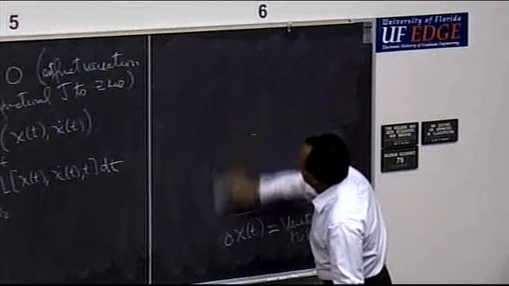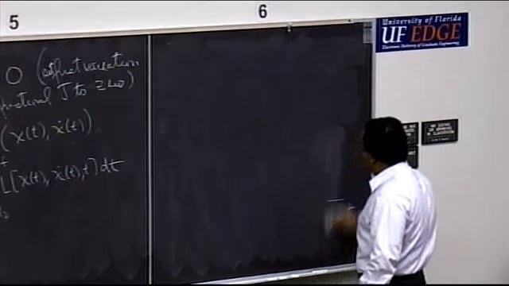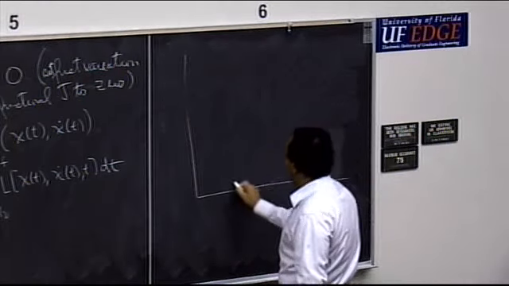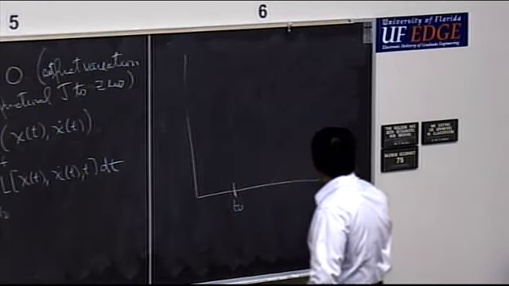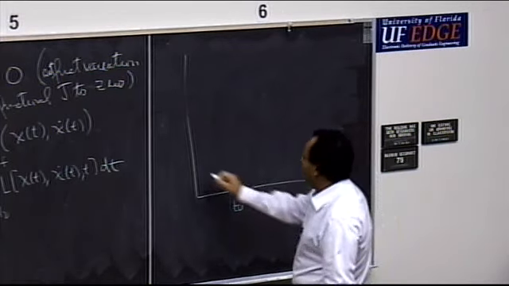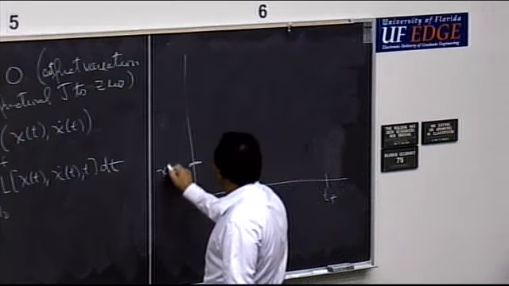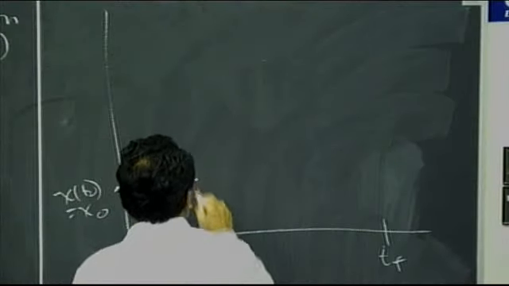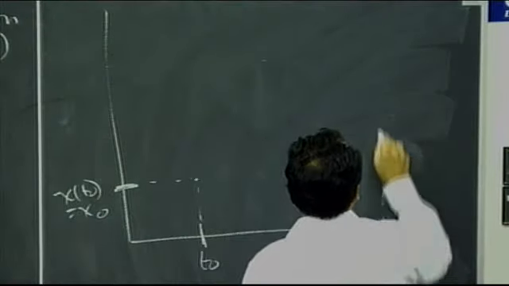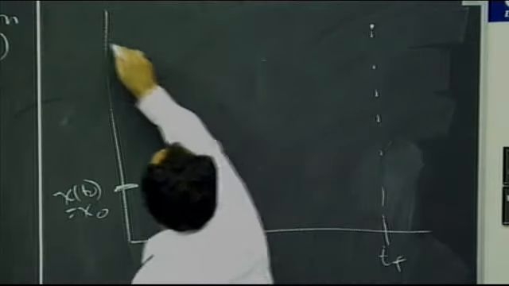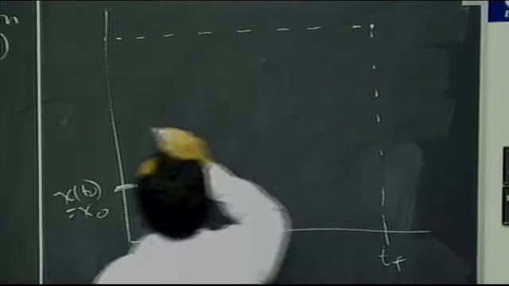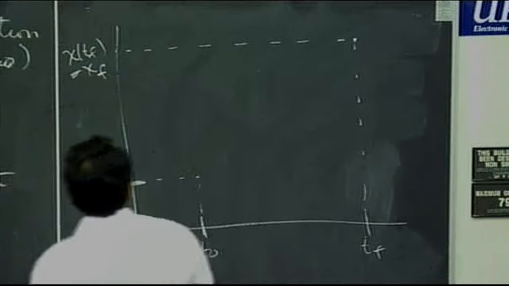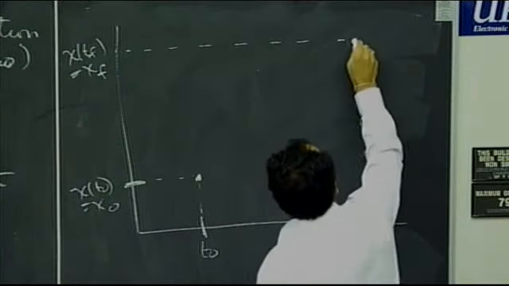Change this plot, make it a little bigger. Here's t0, here's tf, here's x at t0, here's x at tf. It says that these values are known and they're fixed.